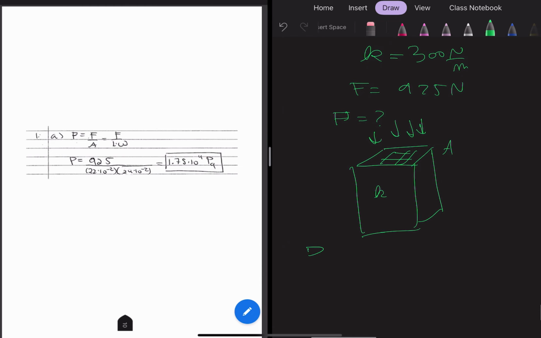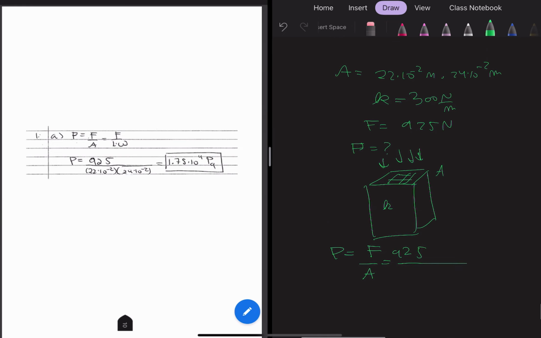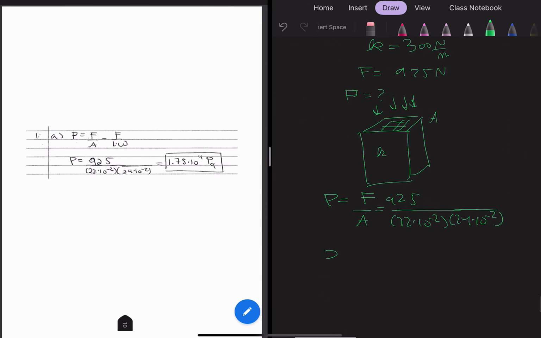So the pressure is defined as force over area, or in this case, plugging in, the force is going to be 925 newtons over 22 times 10 to the minus 2 multiplied by 24 times 10 to the minus 2. And that's going to give you a pressure of 1.75 times 10 to the 4 pascals.